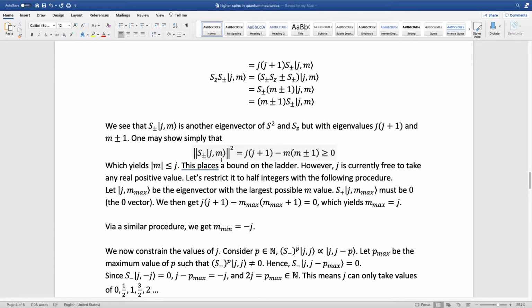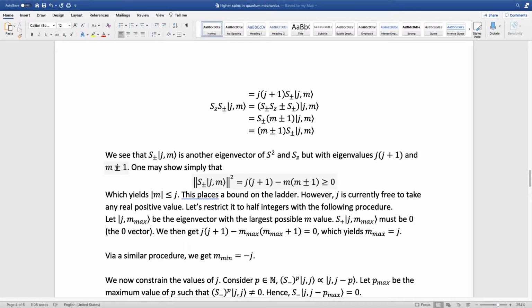Now we can show this is true by expanding it, and that means that the value of m is bounded by j and minus j. The absolute value of m is less than or equal to j. This places upper and lower bounds on the ladder, because previously we could raise or lower the value of m, but we didn't have any restriction on how big or small m can go.